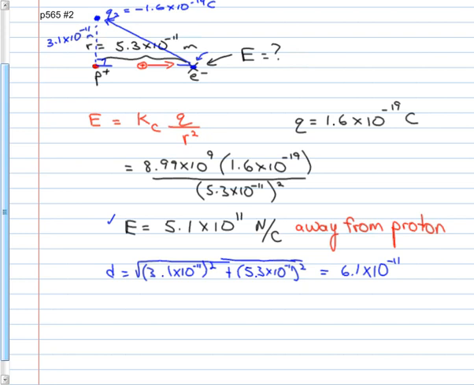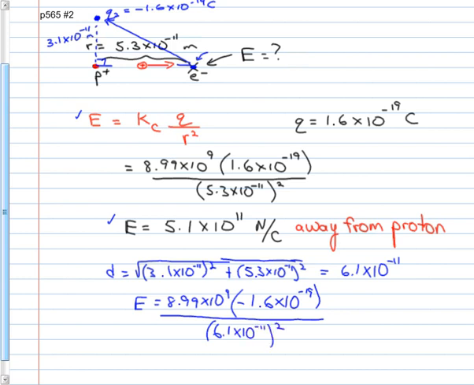So I can use the same formula right up here, and let's get the electric field based on this electron. So my Coulomb's constant is still 8.99 times 10 to the 9th. My charge, I don't even care whether it's negative or positive, I guess I'll put a negative 1.6 times 10 to the negative 19. And my distance is that 6.1 times 10 to the negative 11th, which we have to square.